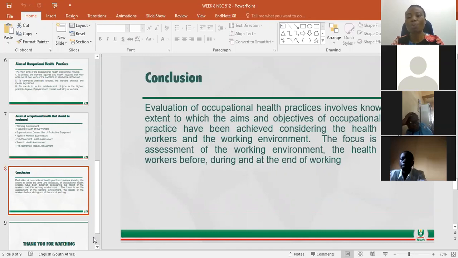You are not exposed to hazards that later affect your health, so that after your retirement you don't end up spending your savings on your health. It's for the protection of the worker before, during, and after.